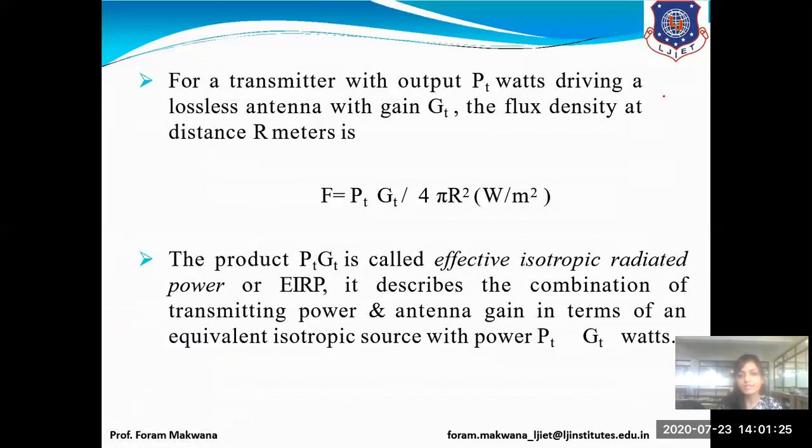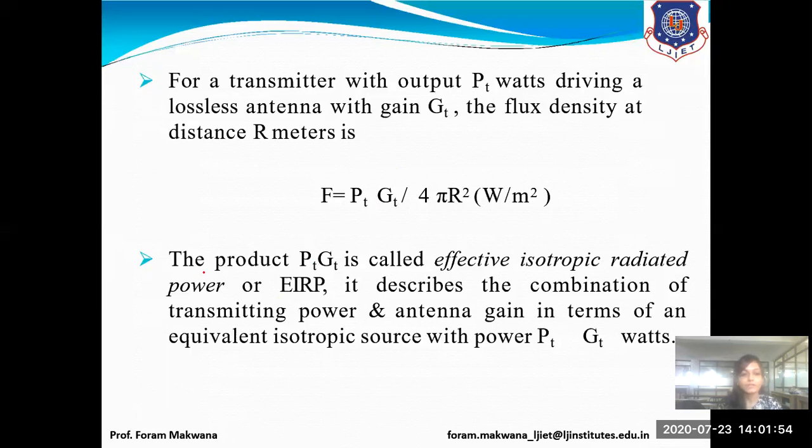So the flux density at a distance R is represented by simply multiplying the whole quantity PT upon 4 pi R square with GT. So this is the saturation flux density considering the gain GT. And the unit will remain the same, that is watt per meter square, as gain is unitless.